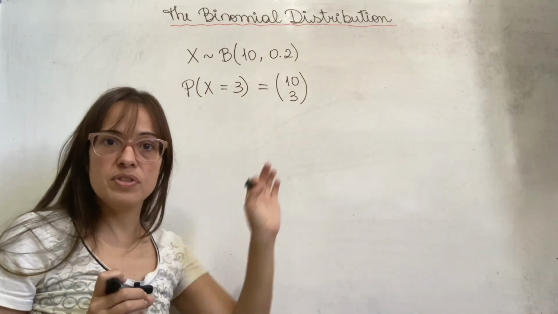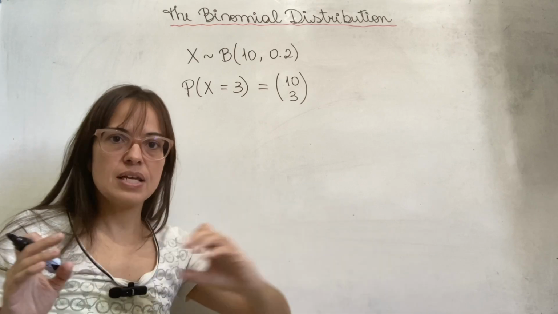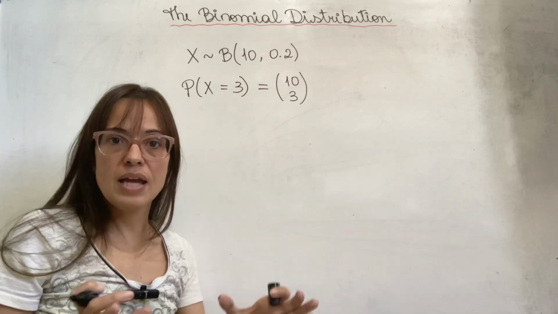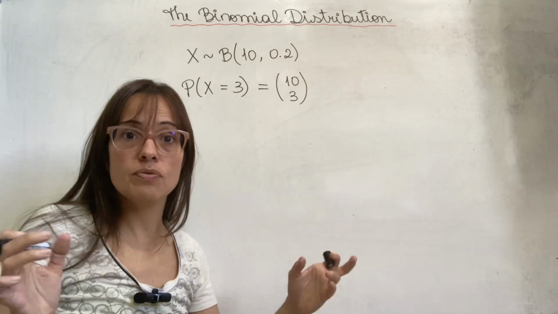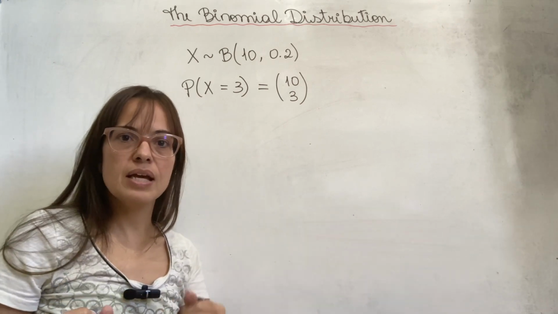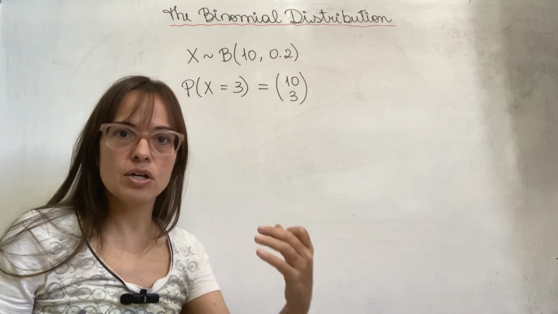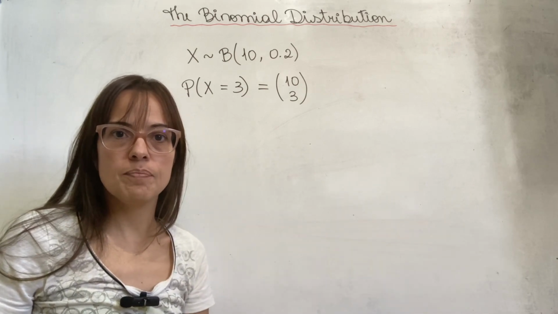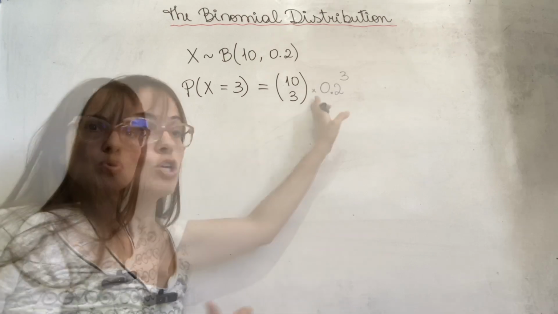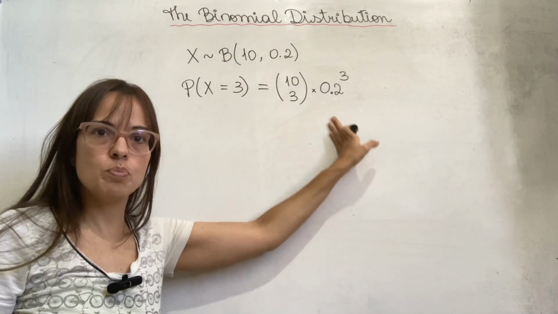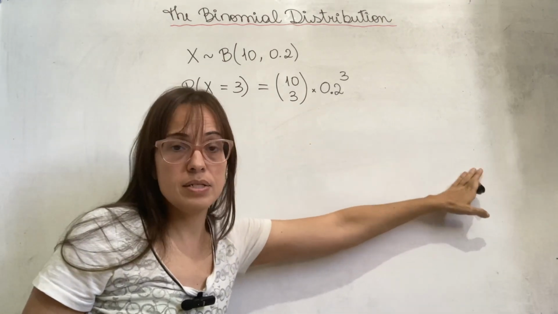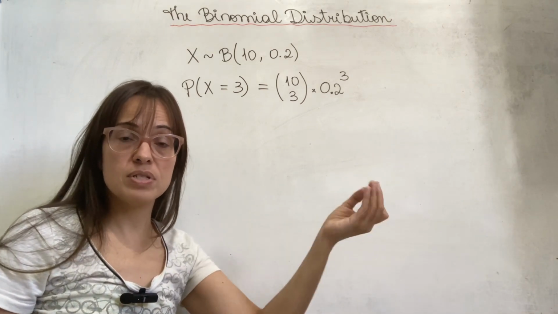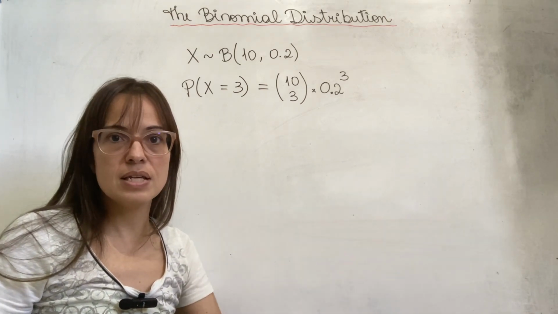Each one of these 10 choose 3 setups of like these 3 are successes, those 7 are failures, they have exactly the same probability of happening because in any case, the 3 that are successes, each one has 0.2 probability of actually being a success. So this needs to be multiplied by 0.2, 0.2, and 0.2. That's the probability of success for each one of the 3 trials that you selected to be successes.